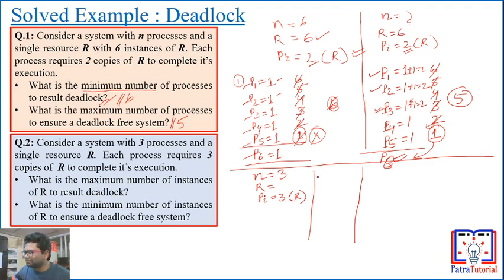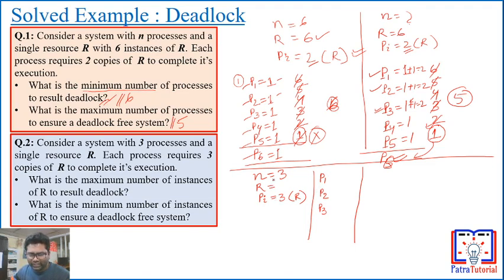Suppose I write like this: p1, p2 and p3. Initially three processes are there, right?